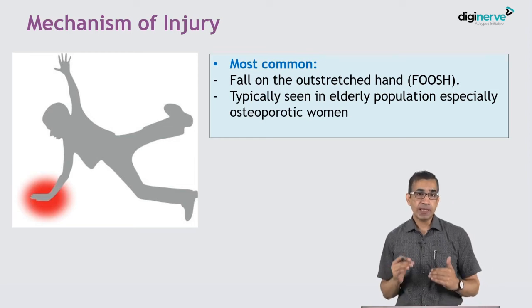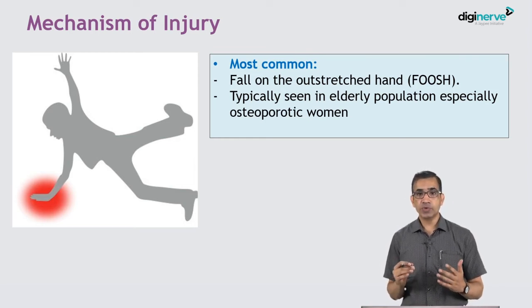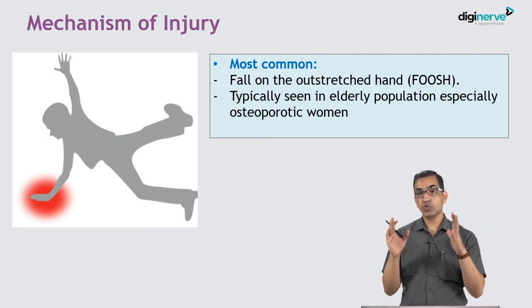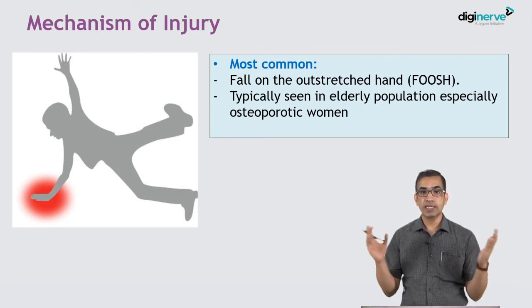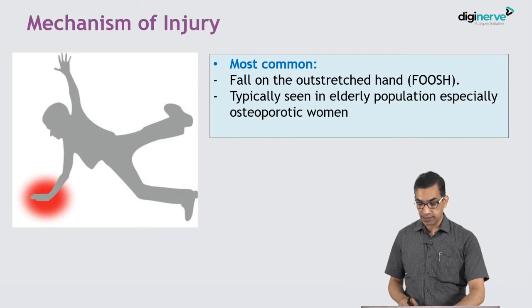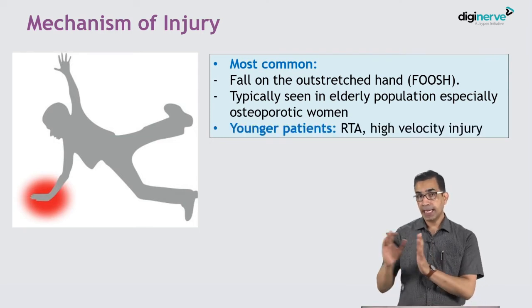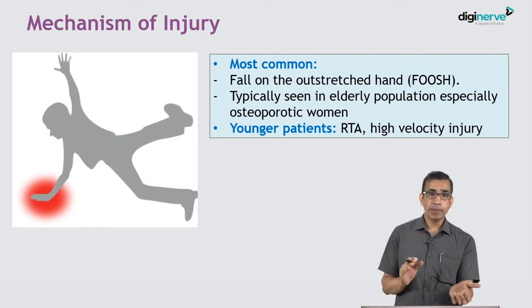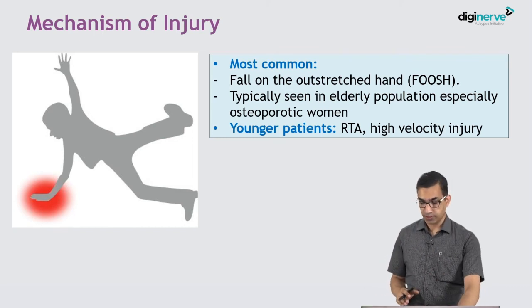Whereas if you see the same fracture in a younger population of 25, 30, 35, 40 years, then it is usually because of high velocity injuries or, let's say, road traffic accidents. So that has to be remembered. In the elderly this fracture is common, and that could be because of underlying osteoporosis.